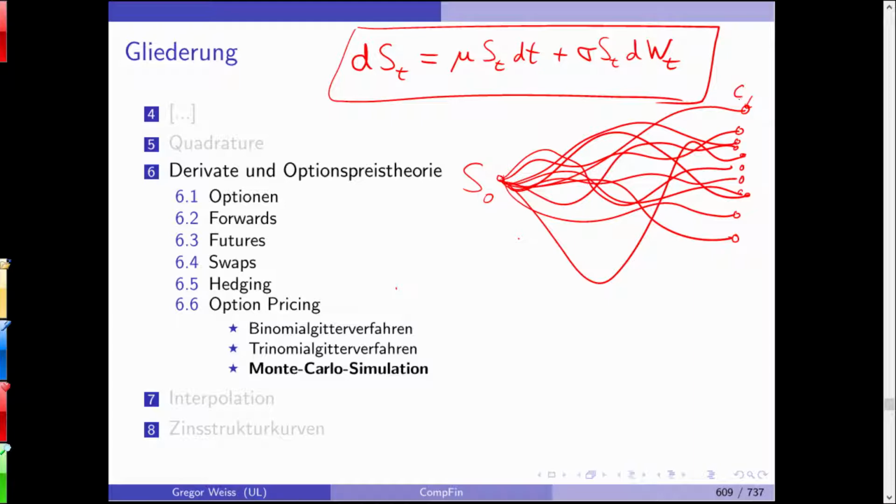So you get C1, C2, C3, up to C11. And then, what do you do? You simply take the average. Then you get the average option price here.